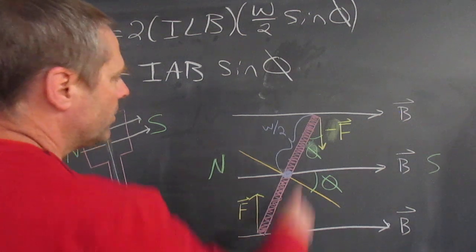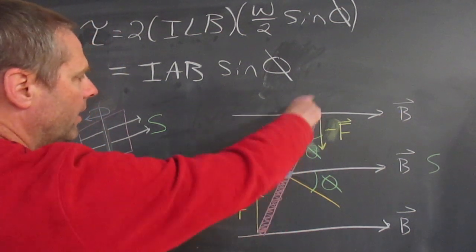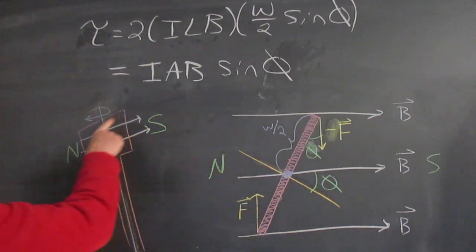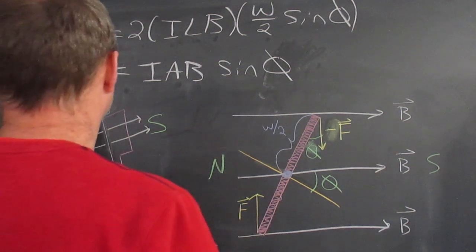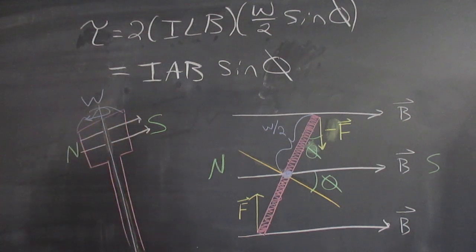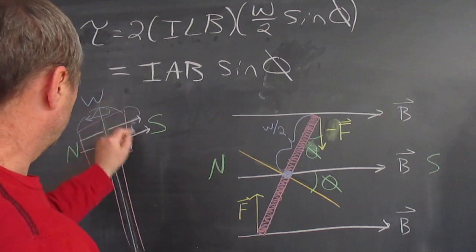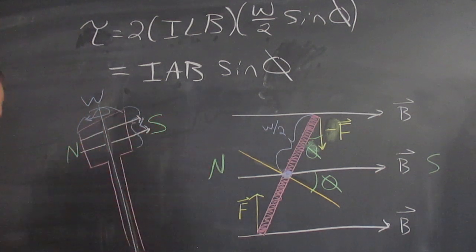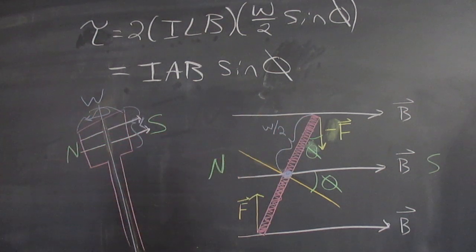There's going to be a particular width of this loop, so we can call this distance W. The entire distance is going to be represented by W. This is going to be represented by L. So there's going to be a height, which we're going to call the length. So we have a width.